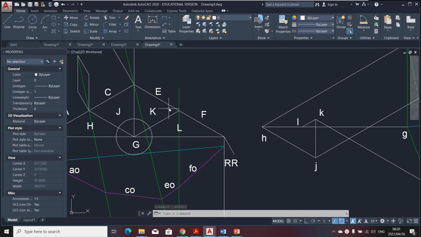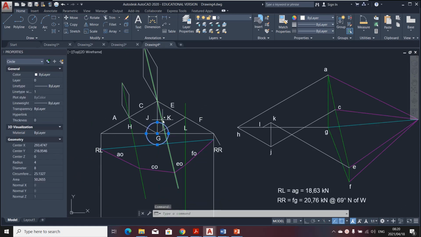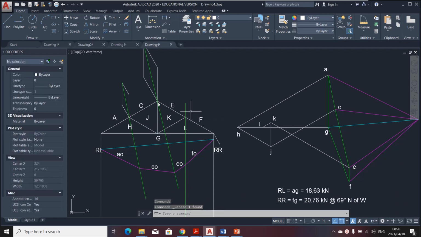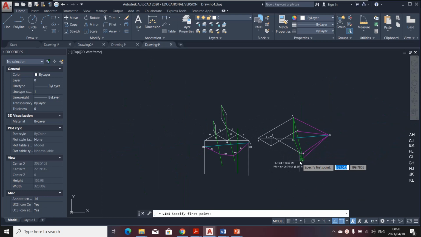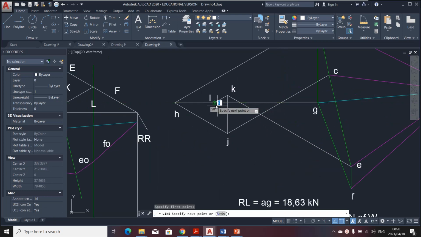I'm left with, now if I come to this joint, I've got 1, 2, 3. Of the 3, these 2 I have, I'm left with LF, right? Even when I come here, I'm gonna be left with LF. So what is left now is to join LF. Join LF.